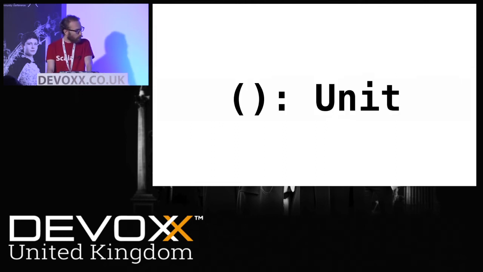Have you ever seen the pair of empty parentheses called unit? It's called unit for a simple reason. It's because it has the same structure as 1 with respect to multiplication. It's a type that has only one meaningful value, so it's a unit type.